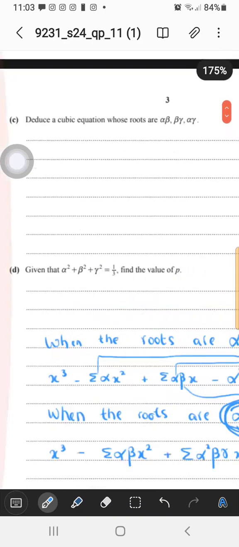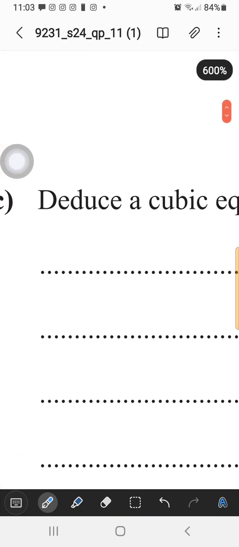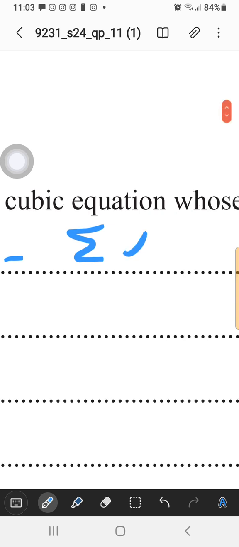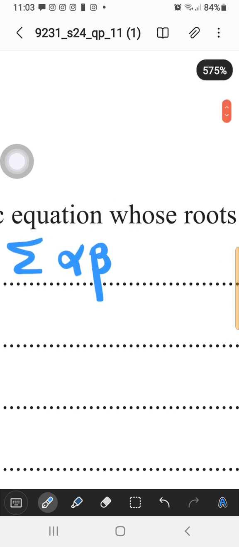So that's our general equation. Let me write here: minus sum of alpha beta.